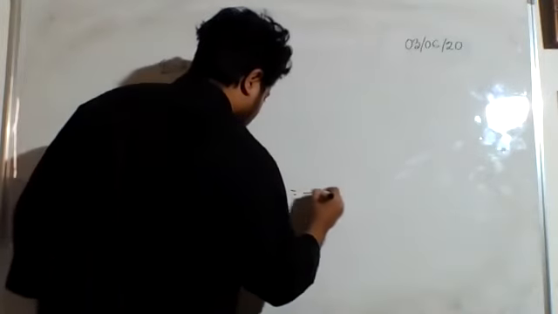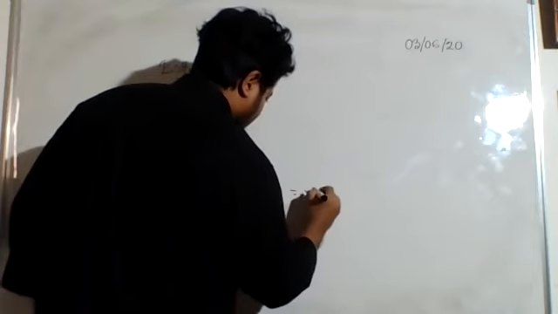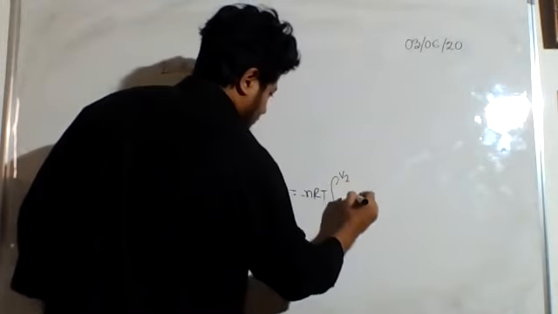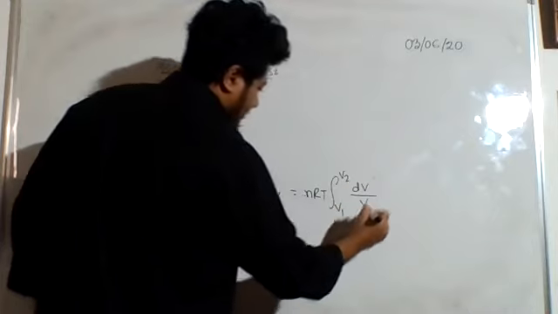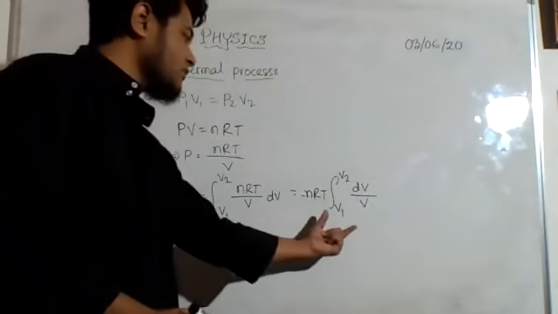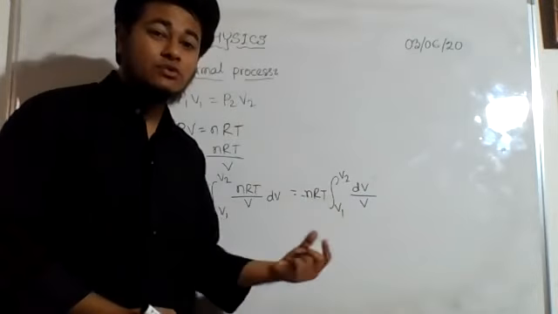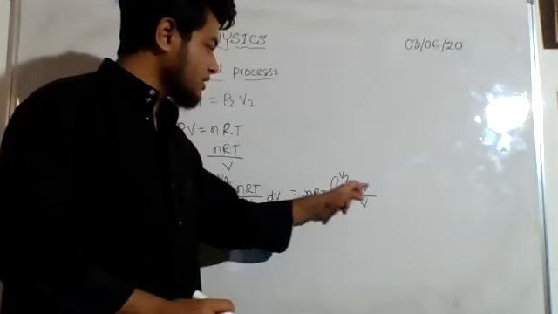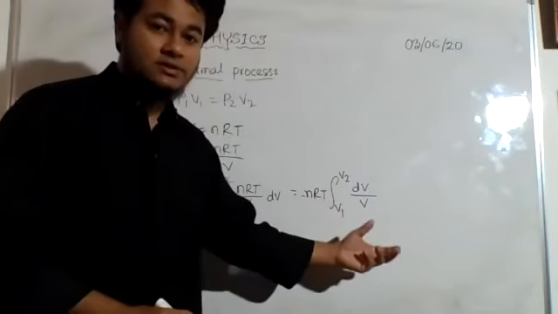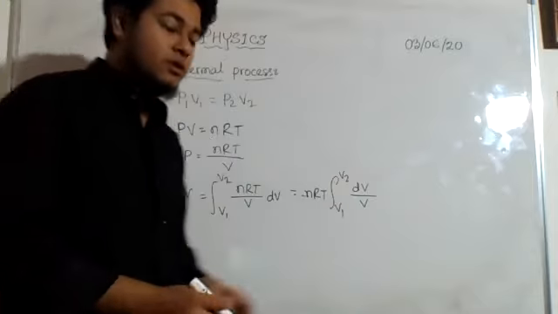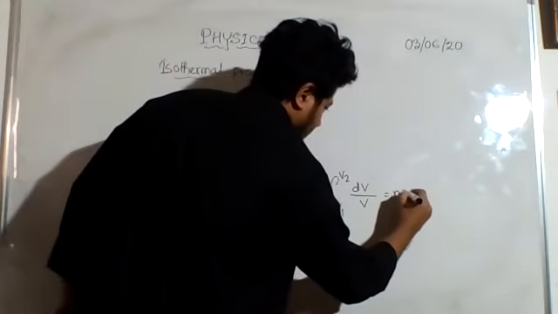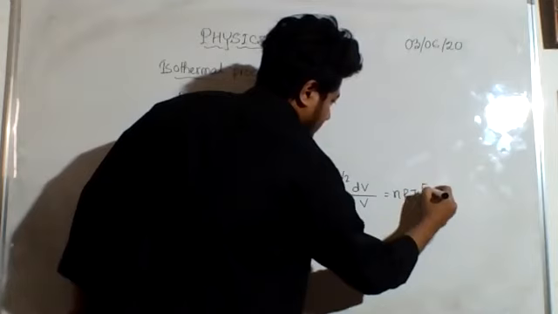So we can write nRT integral from V1 to V2 of dV by V. Now, if you remember the formula, if it was dx by x, then it was ln x. As it is V here, it will be ln V.